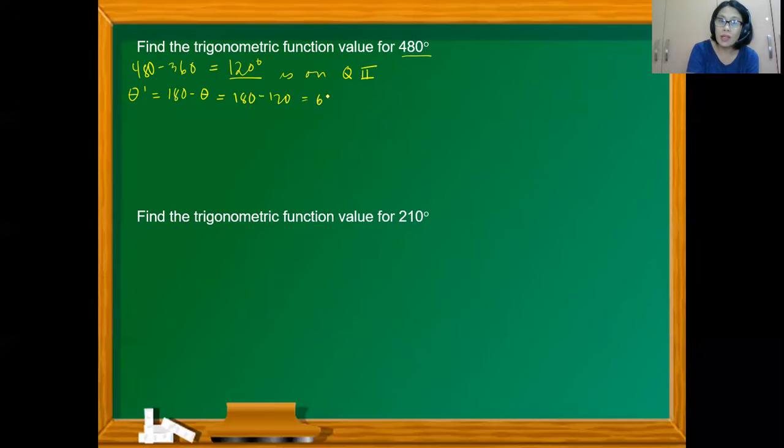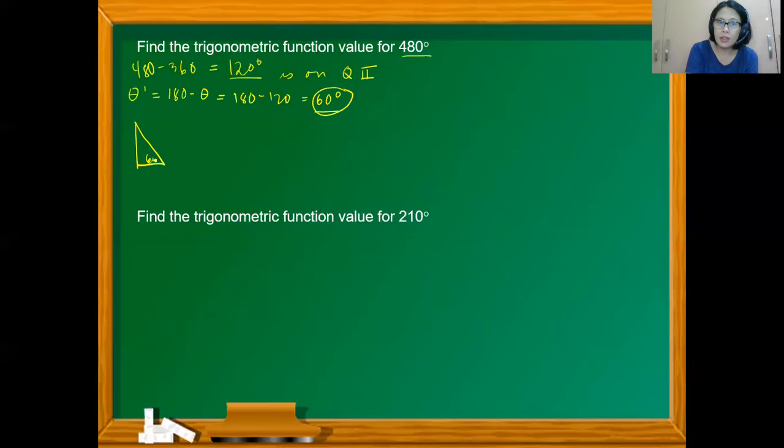So the reference angle is 60. So we will still come up with an exact trigonometric function value of angle theta equals 480, which has a reference angle equal to special angle 60. So we have again the right triangle 30, 60, 90.